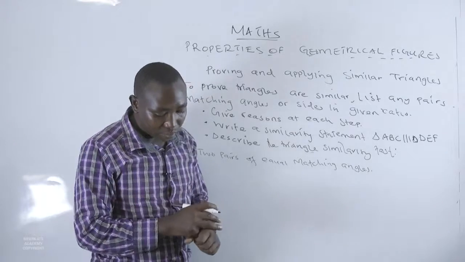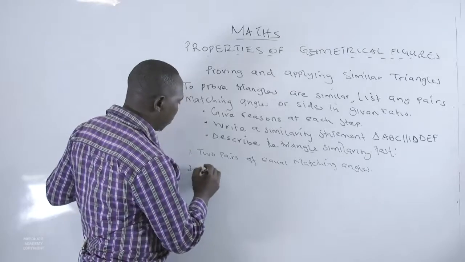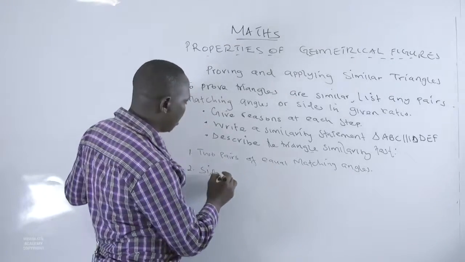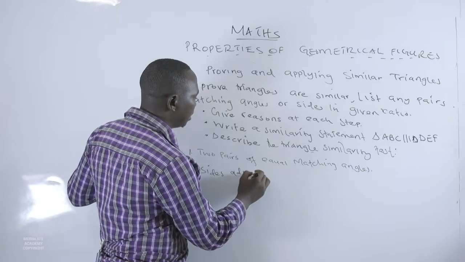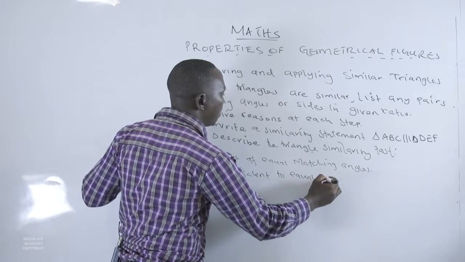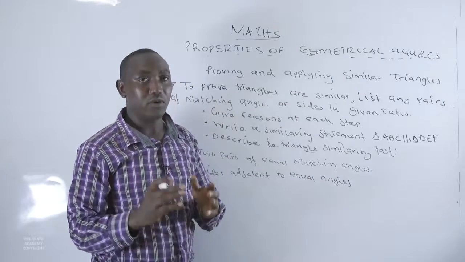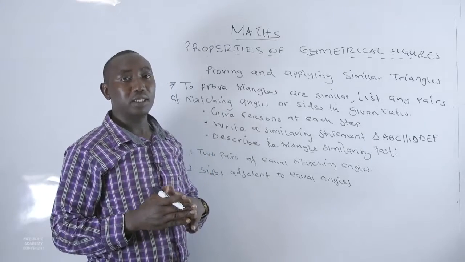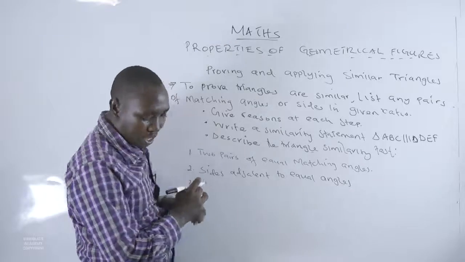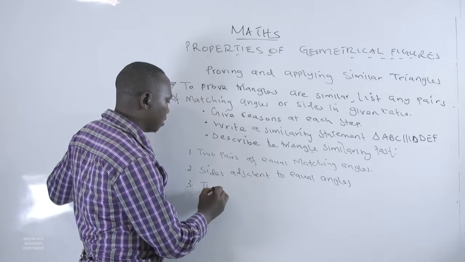Test number 2 is sides adjacent to equal angles of the two triangles. In this case, we are talking about the included angle. Test number 3 was on the 3 pairs of sides.